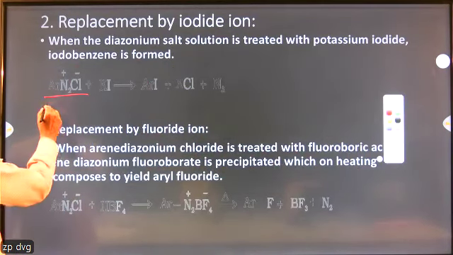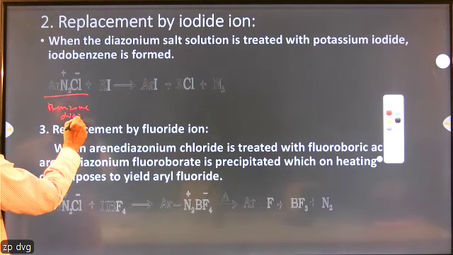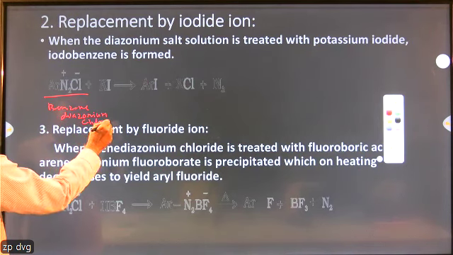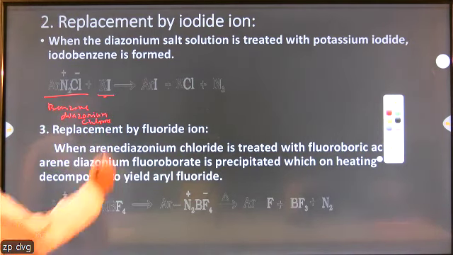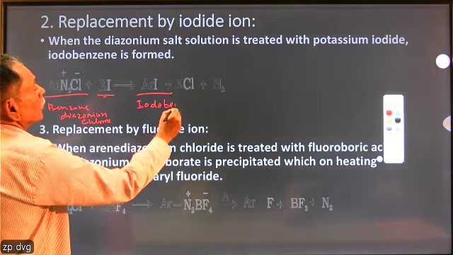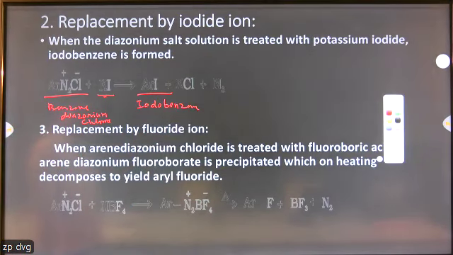So when benzene diazonium chloride is treated with potassium iodide, you get iodobenzene, or we call it aryl iodide also.